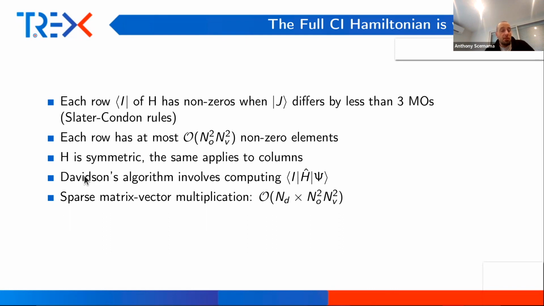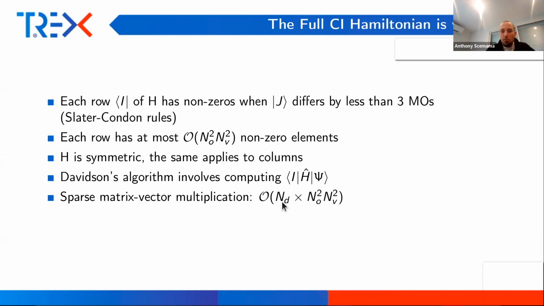As the Hamiltonian is symmetric, everything which applies to rows applies to columns. And we've seen that in the Davidson algorithm, we compute H psi. As I said, it's just a sparse matrix-vector multiplication. Its cost scales as the number of non-zero elements in each row multiplied by the number of determinants in the space.